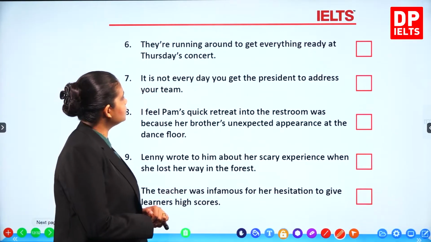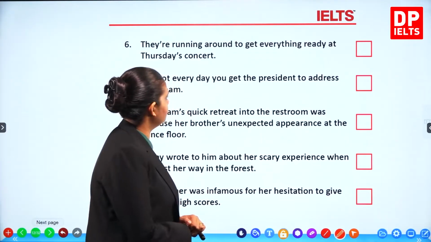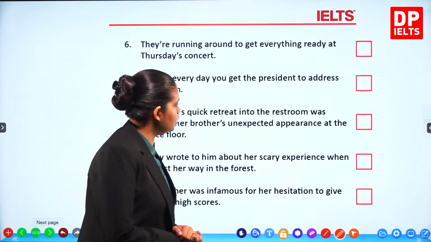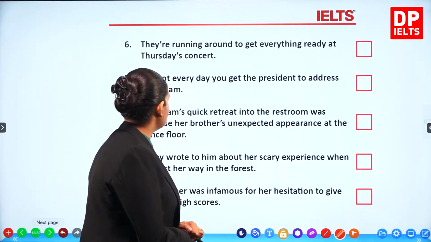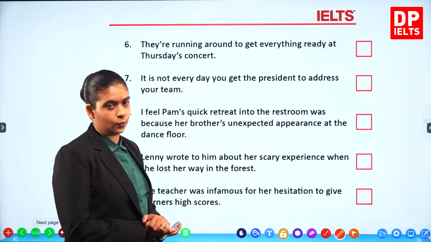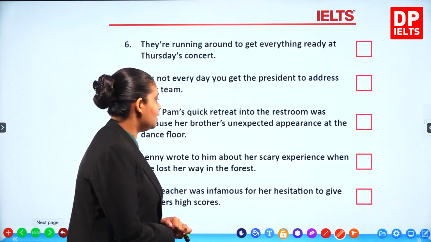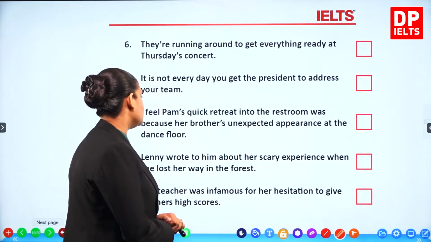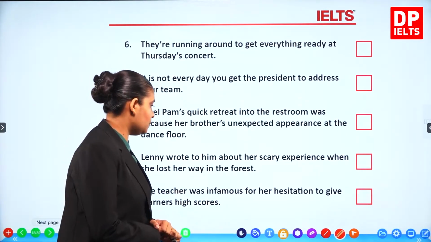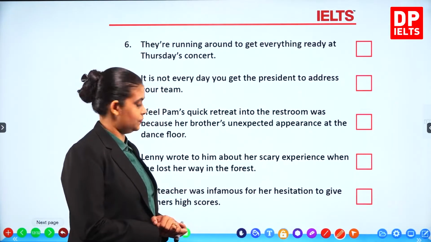It is not every day you get the president to address your team. I feel Pam's quick retreat into the restroom was because her brother's unexpected appearance at the dance floor. Lenny wrote to him about her scary experience when she lost her way in the forest. The teacher was infamous for her hesitation to give learners high scores.